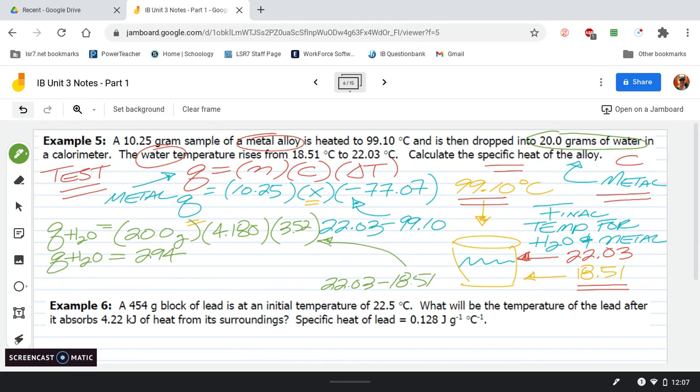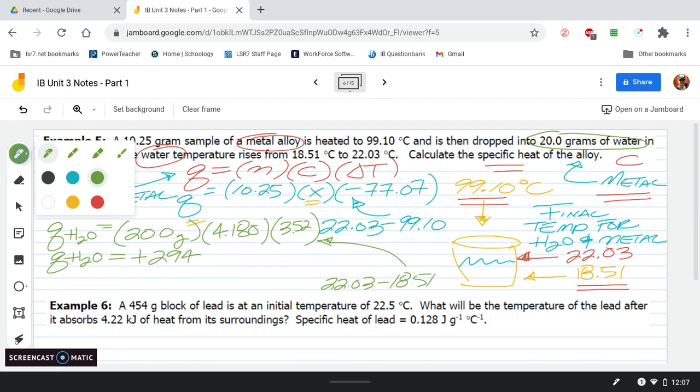Remember what I said. Whatever happens to the water, the metal or the reaction, which in this case is the metal, is doing the opposite. So the metal is not absorbing energy. The plus 294 is from the water.